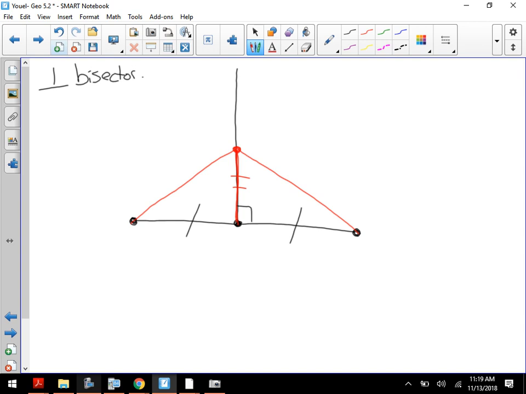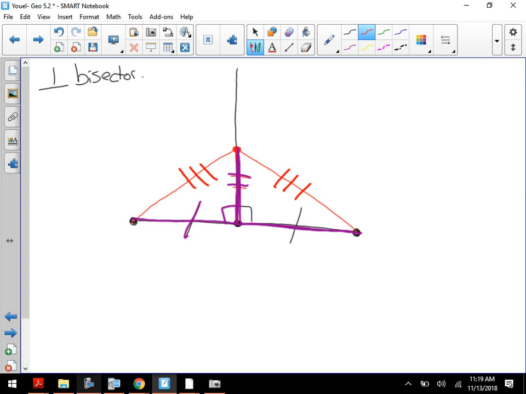So with these two triangles, side, angle, side, side, angle, side, we get the two triangles being congruent. Now, that means these two sides have to be congruent, right? Why? Yeah, because of that old CPCTC.